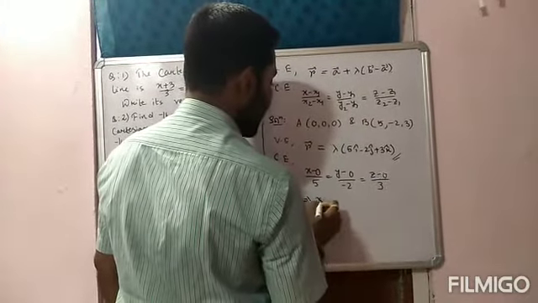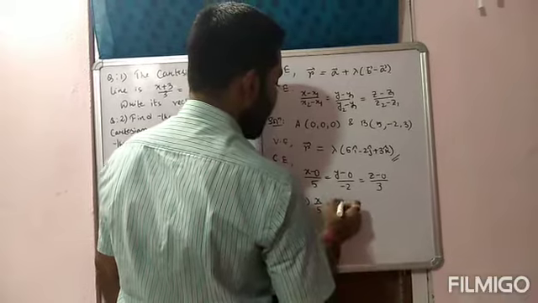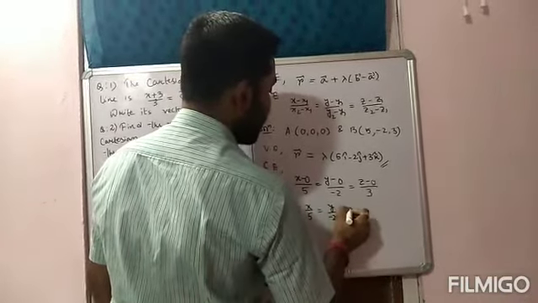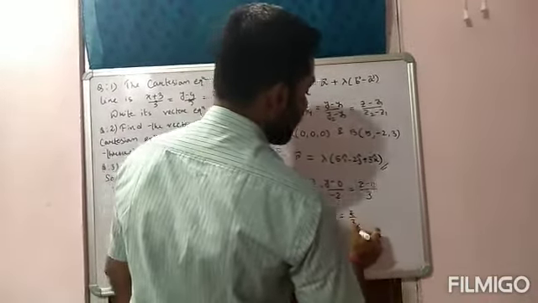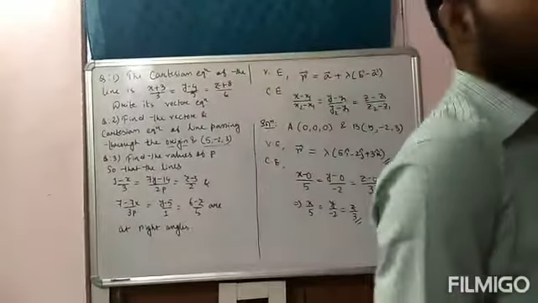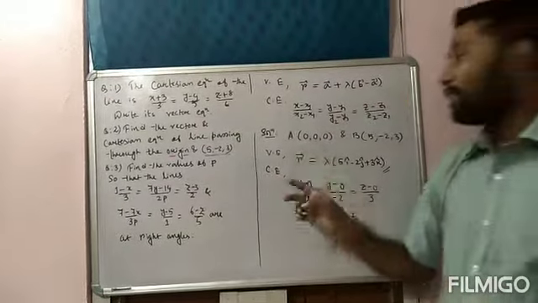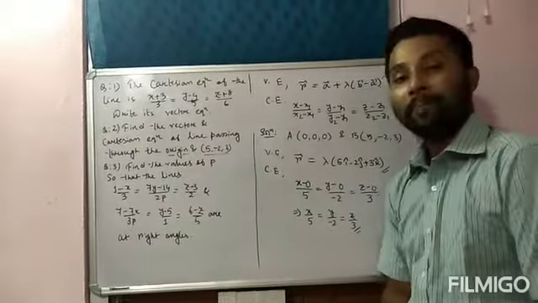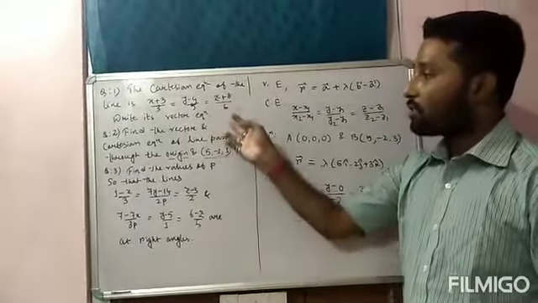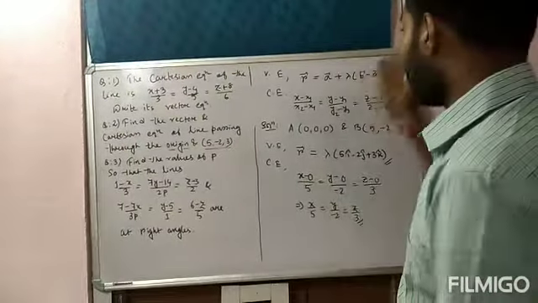So that is x by 5 is equal to y by minus 2, which is equal to z by 3. This is the Cartesian equation of the line passing through the two given points A and B. Okay, so the solutions of the first question and second question are done. Now I will explain the third one.